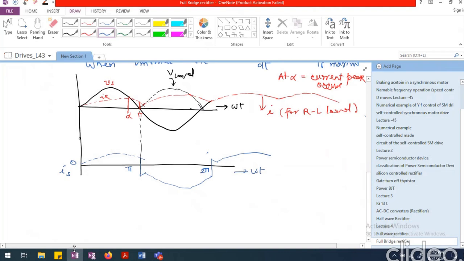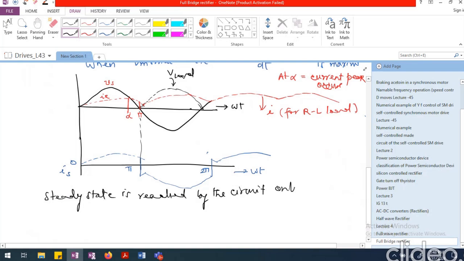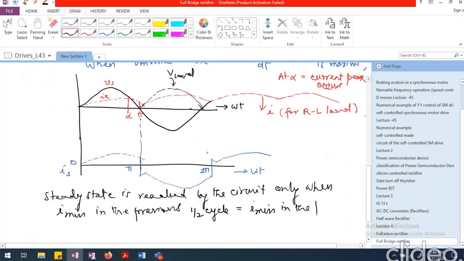That is why we say the circuit has reached steady state only when I minimum in the previous half cycle is equal to I minimum in the present half cycle.